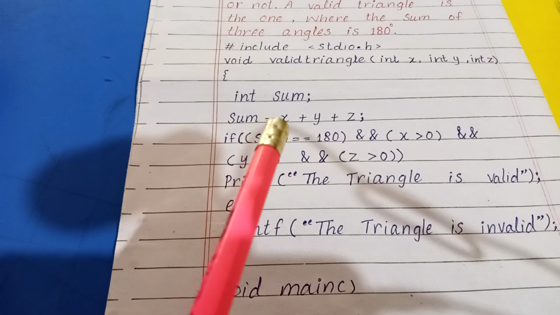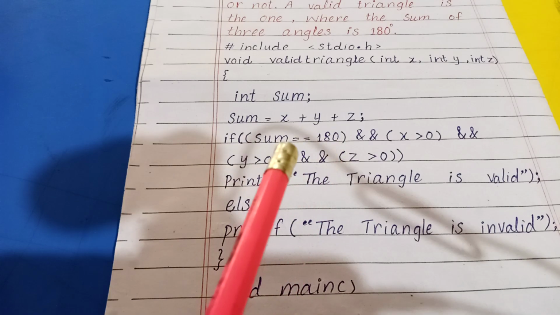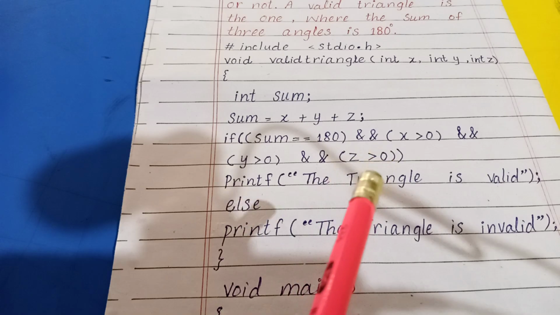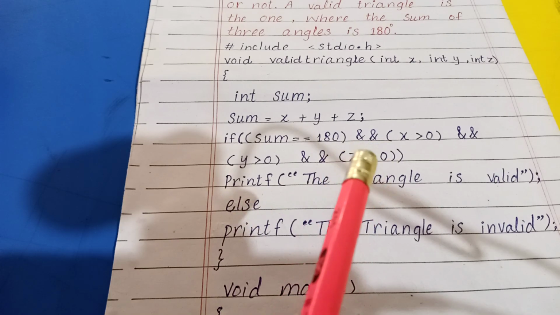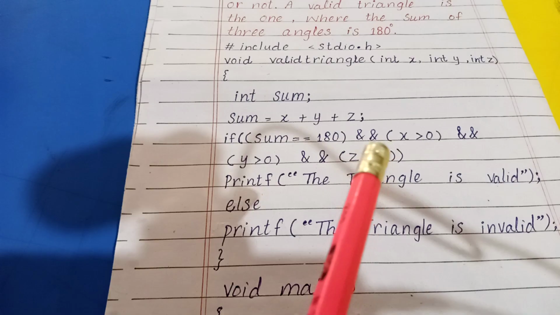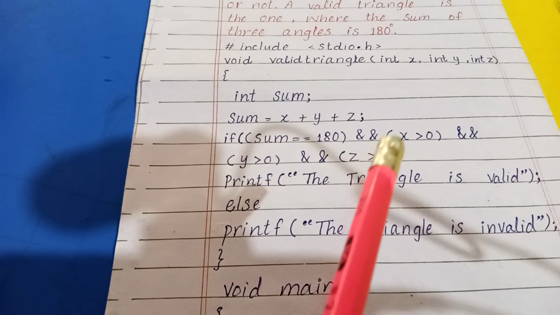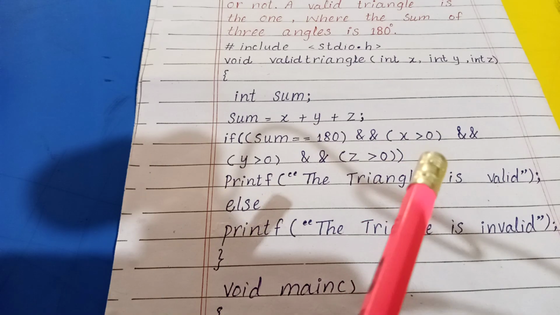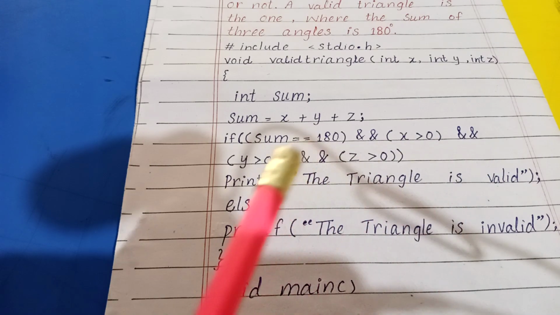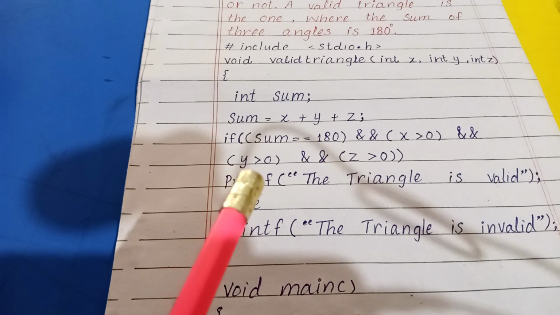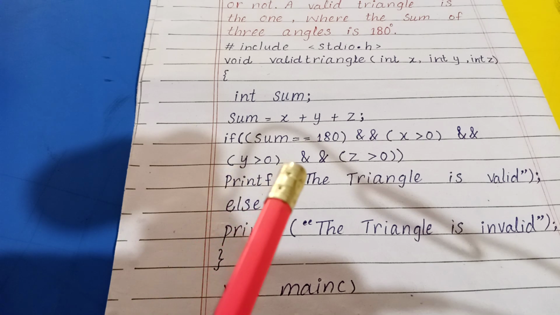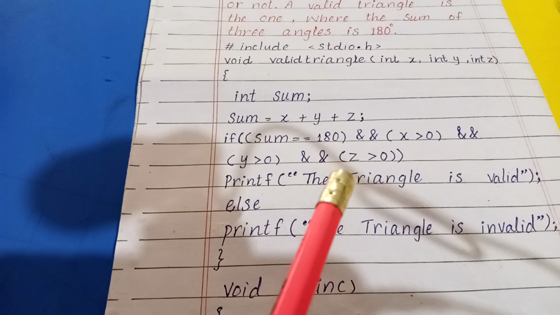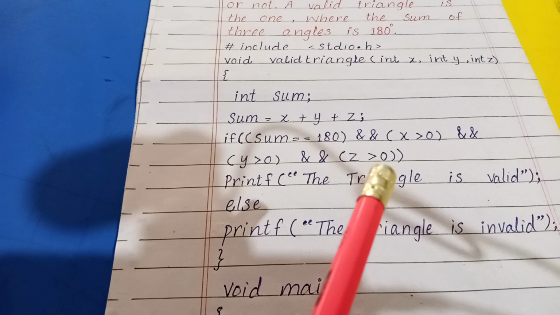Sum equal to 180, close the parenthesis, and we are using the AND sign: && (x > 0) && (y > 0) && (z > 0).